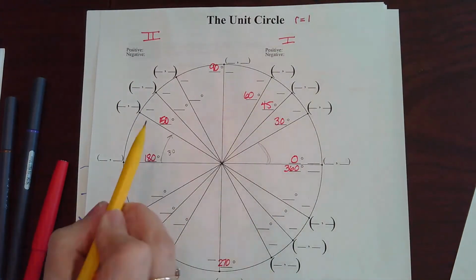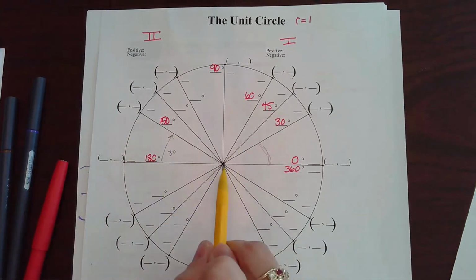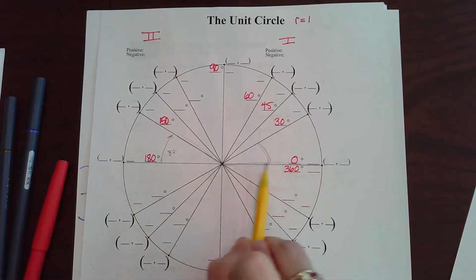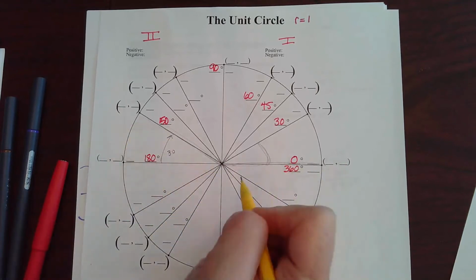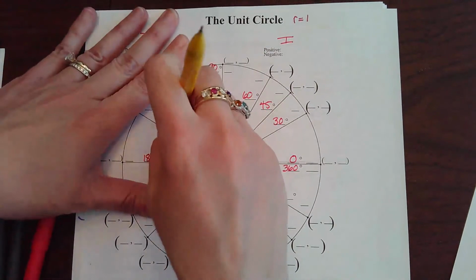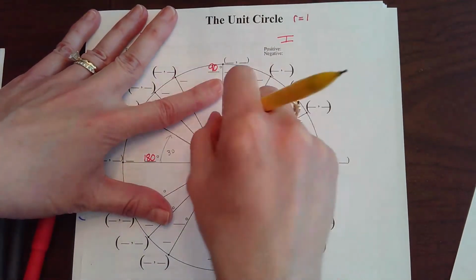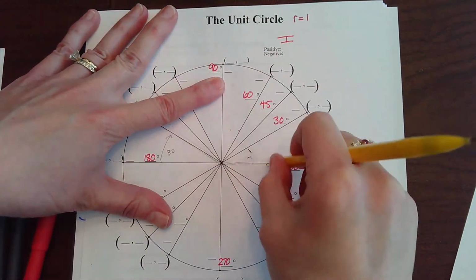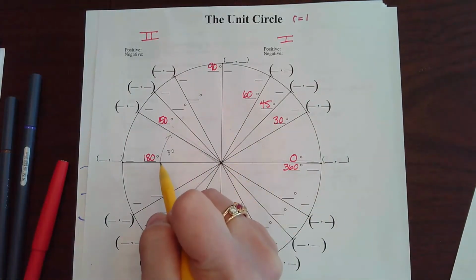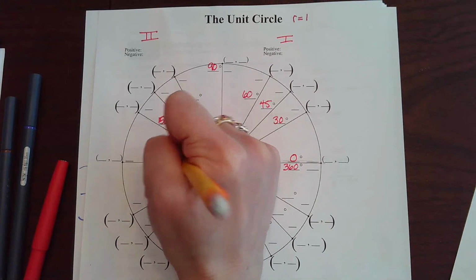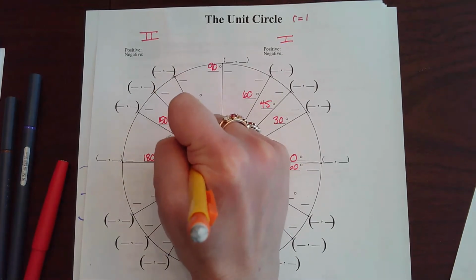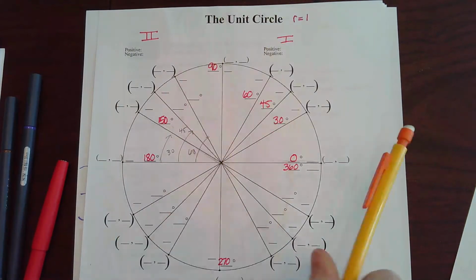What you're really measuring at 150 is this angle right here, from the initial side to the terminal side. This whole angle is 150 degrees. How we find it is we recognize that you're going to subtract 30, here you're going to subtract 45, and then you're going to subtract 60. So this is where those 3 angles are going to come into play.